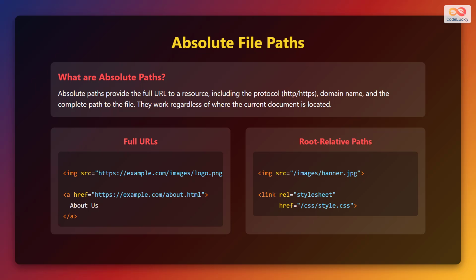Alternatively, you can also use root relative paths, which start from the site's root directory. These paths begin with a /, followed by the path to the file. For instance, img src equals /images/banner.jpg links to a banner image from the root, regardless of the current file's location.